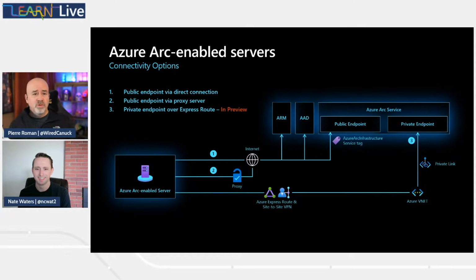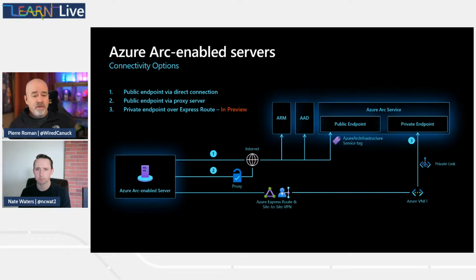In environments where traffic is more managed or controlled, you can do it via a proxy server. You identify a proxy server in your on-premises environment and connect through that proxy to Azure, making sure your security team is still happy because they can still manage and monitor the connections to and from the internet.